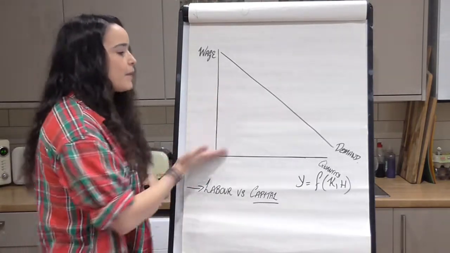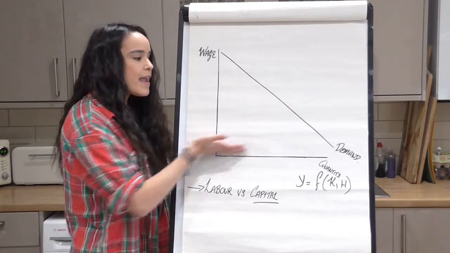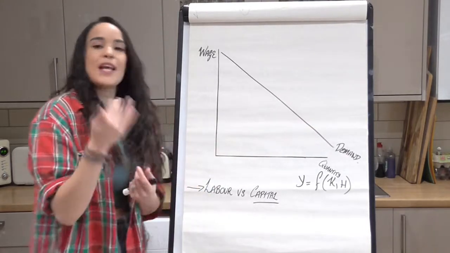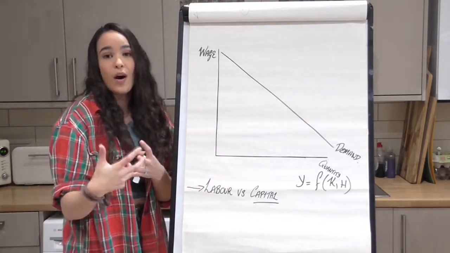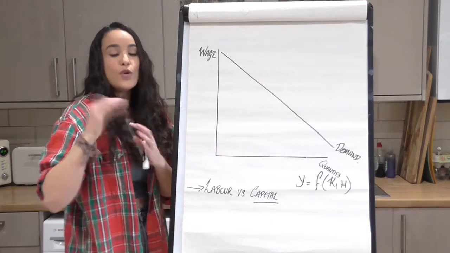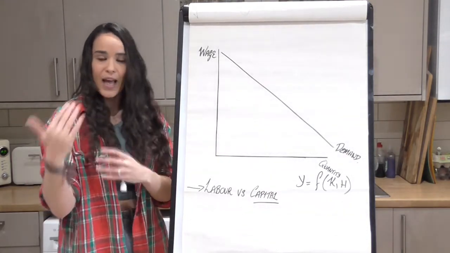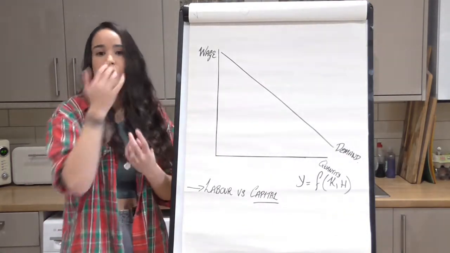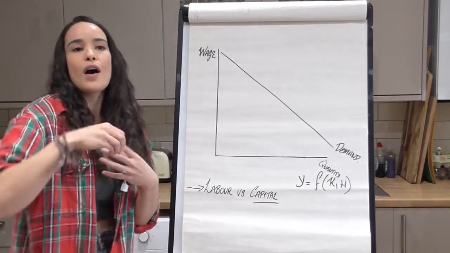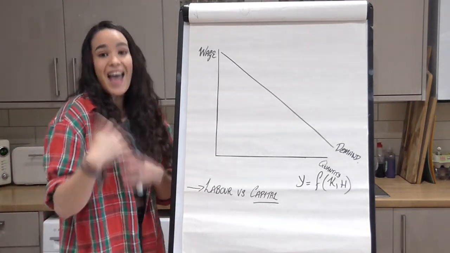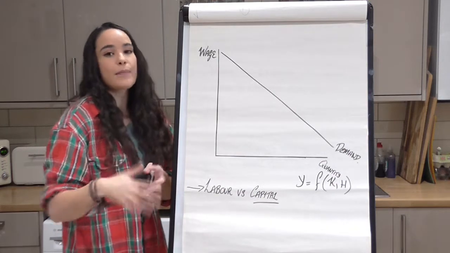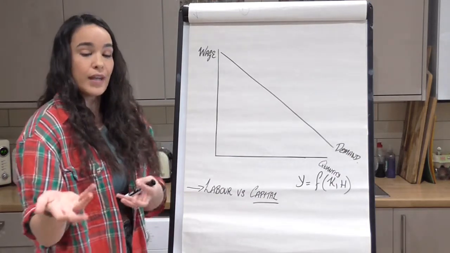And the same as when labour costs, the wage, is very low. Well, if your labour cost is low, your opportunity cost of not employing physical capital is also going to be really low, right? So it's going to cost you less to employ human capital over physical capital.